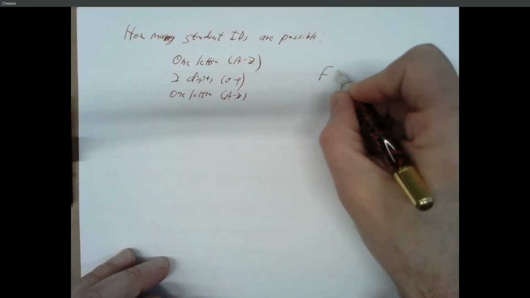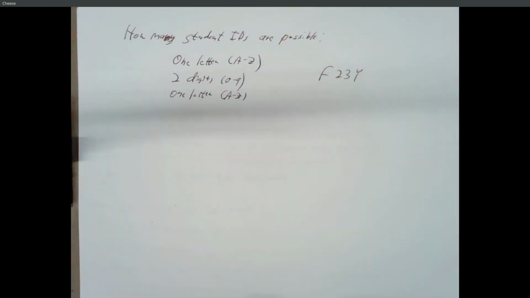So instead of 940 blah blah blah, your student IDs look like something like F23Y. And we want to know how many student IDs are possible. What's the largest number of students we can support in our system if that's how a student ID is formed.